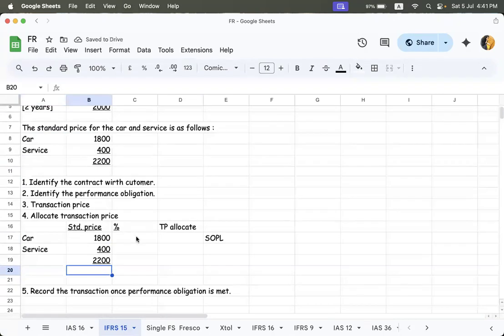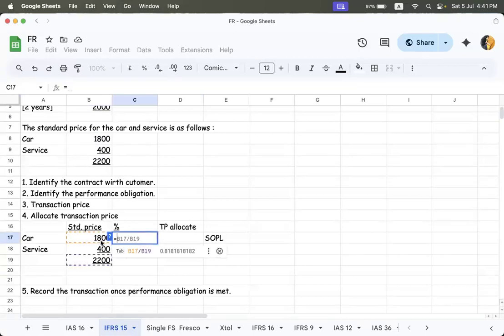Now let's see how much of each product falls under the standard price. That means out of 2200, how much percentage is 1800? In the same way, out of 2200, how much percentage does the service of 400 fall for?